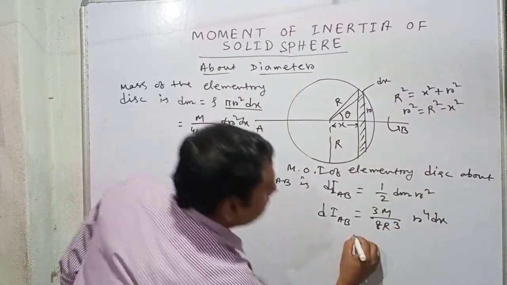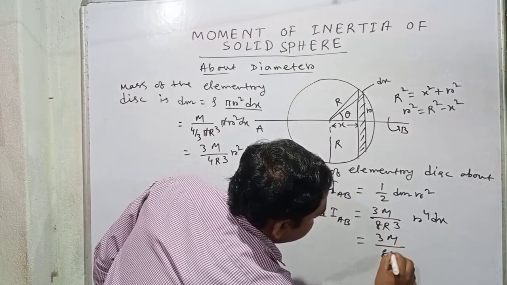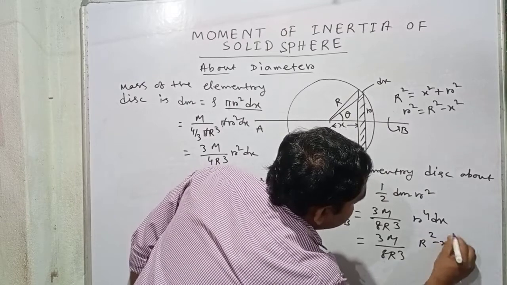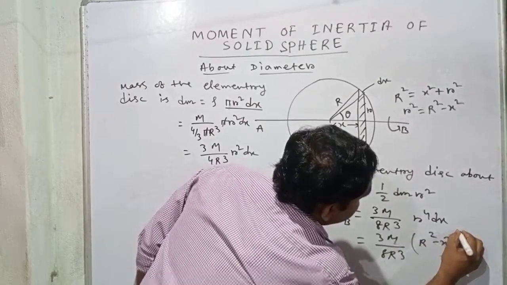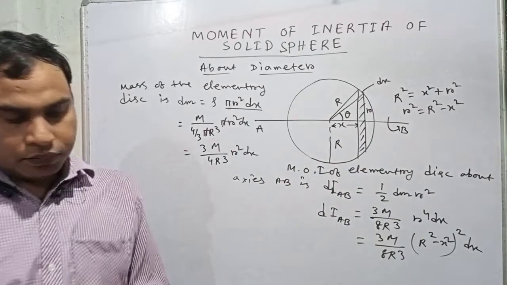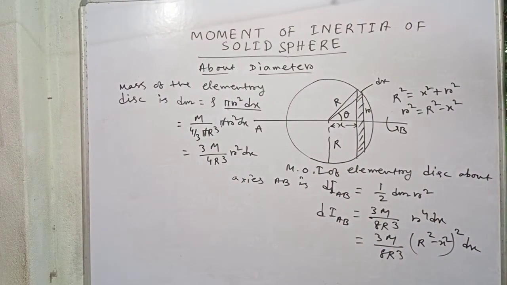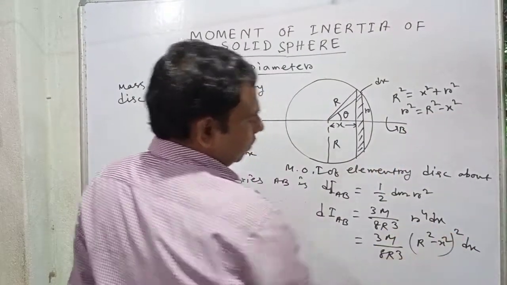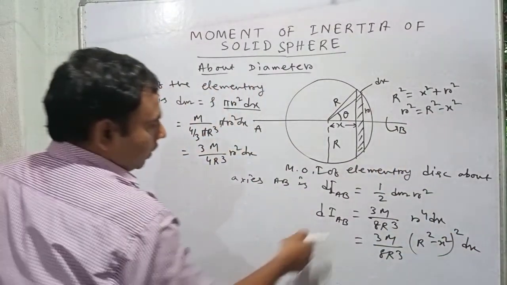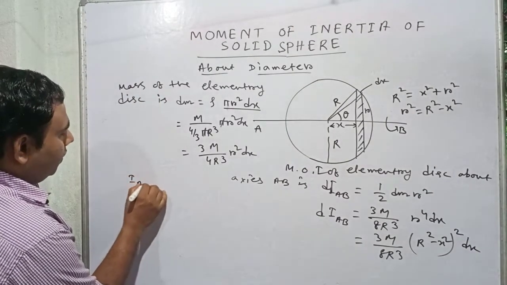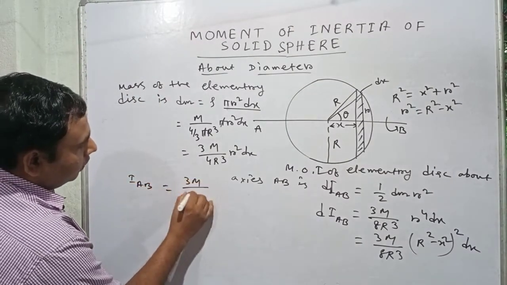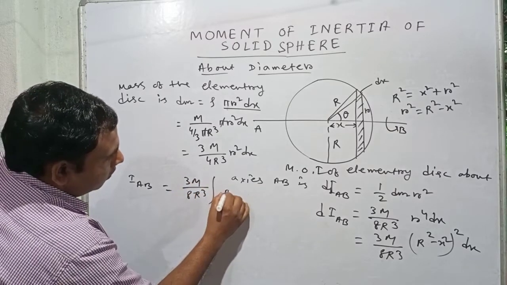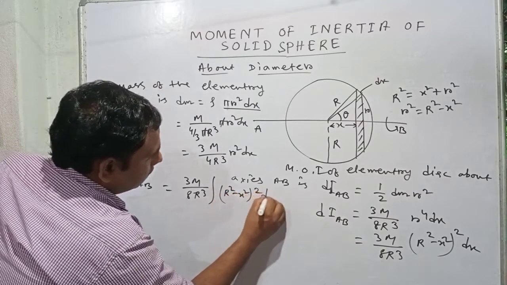Putting the value in this portion, 3m divided by 8 R cube times r to the power 4, that is (R square minus x square) square into dx. Choose the limit: dI_AB equals 3m divided by 8 R cube, integration of (R square minus x square) square dx.